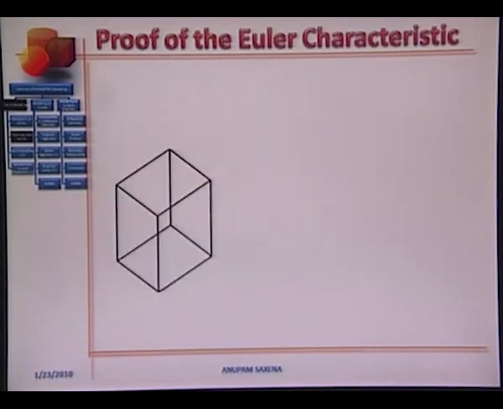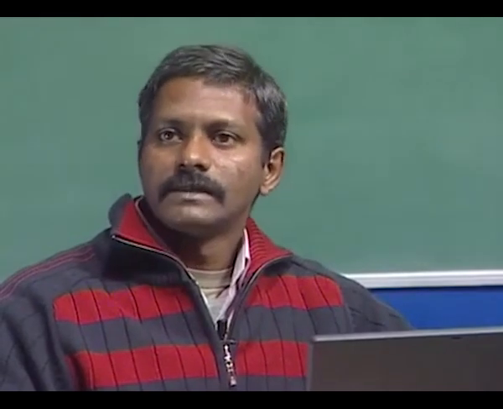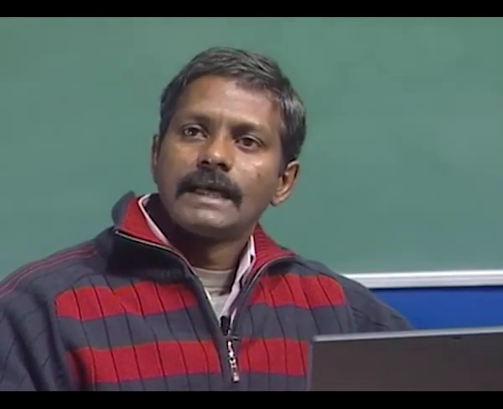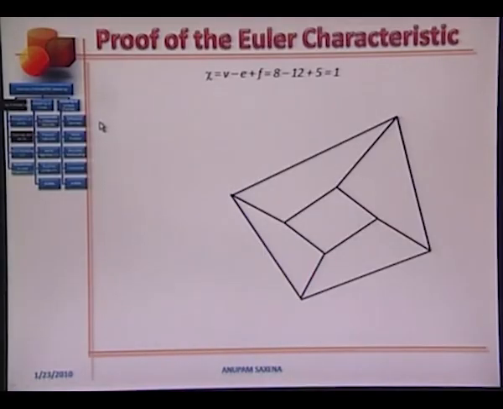If you are confused, I'll repeat what I said once again. You start with a cube or a block, take the top face off. We know that that hemispherical surface is homeomorphic to a disk and can be laid flat on a plane. Now, start adding edges such that we start making triangles.